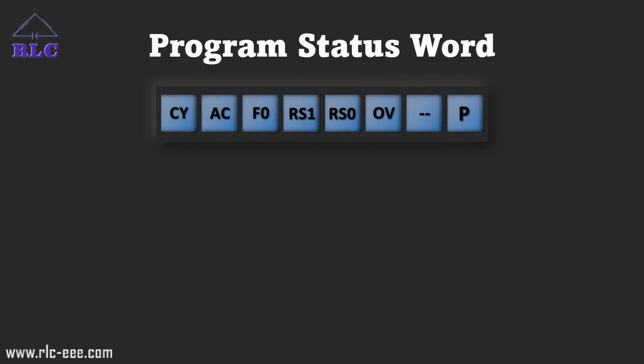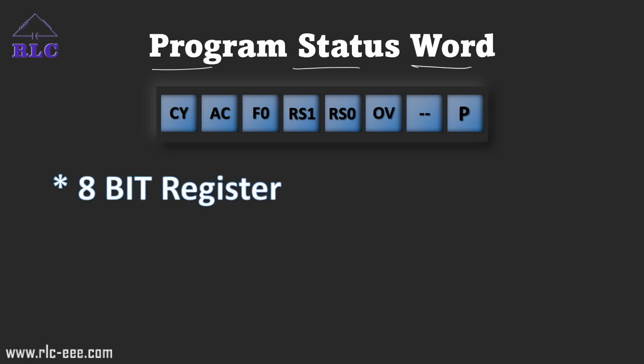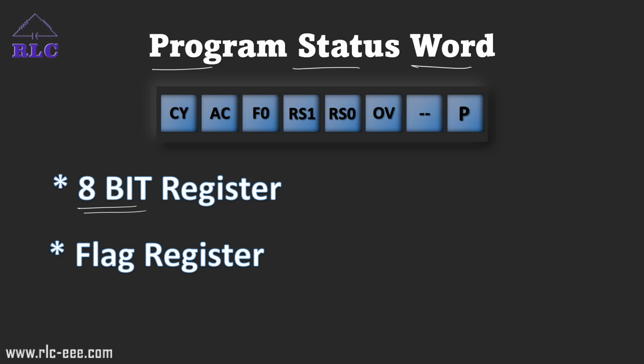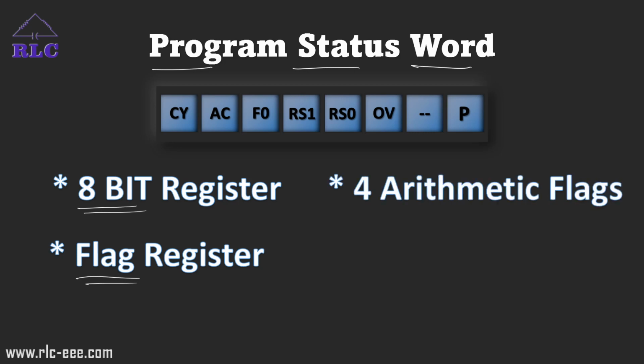Program status word. Program status word is an 8-bit register, which is also known as the flag register. We call this the flag register because it has 4 arithmetic flags.